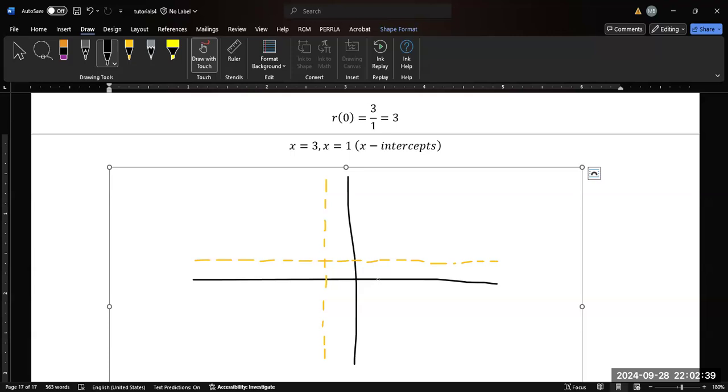X equals 3, and we have another one at 1. And let's see, do we have any other points? A y-intercept at 3.